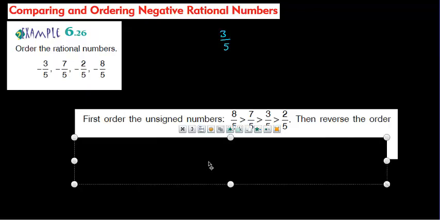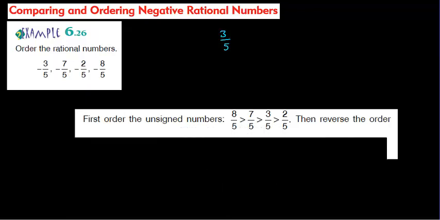If we compare 3 over 5, 7 over 5, 2 over 5, and 8 over 5, the biggest numerator is the biggest number. 8 over 5 is bigger than 7 over 5, which is bigger than 3 over 5, which is bigger than 2 over 5.